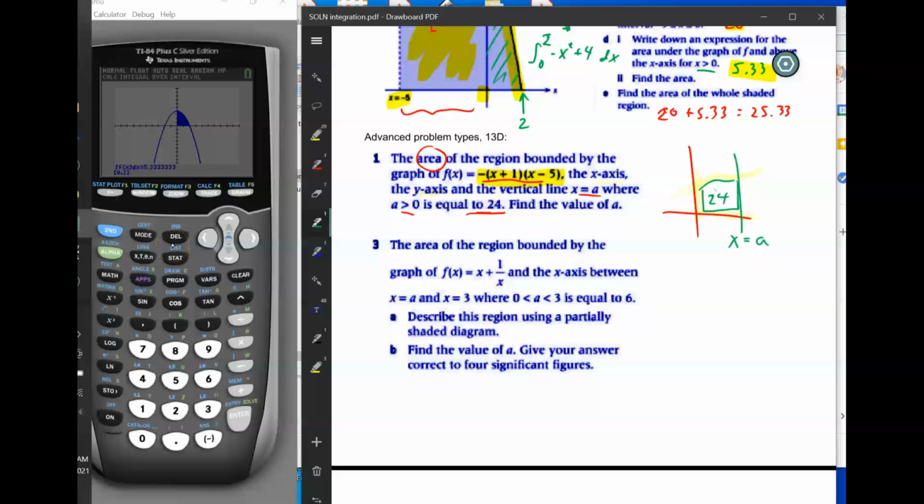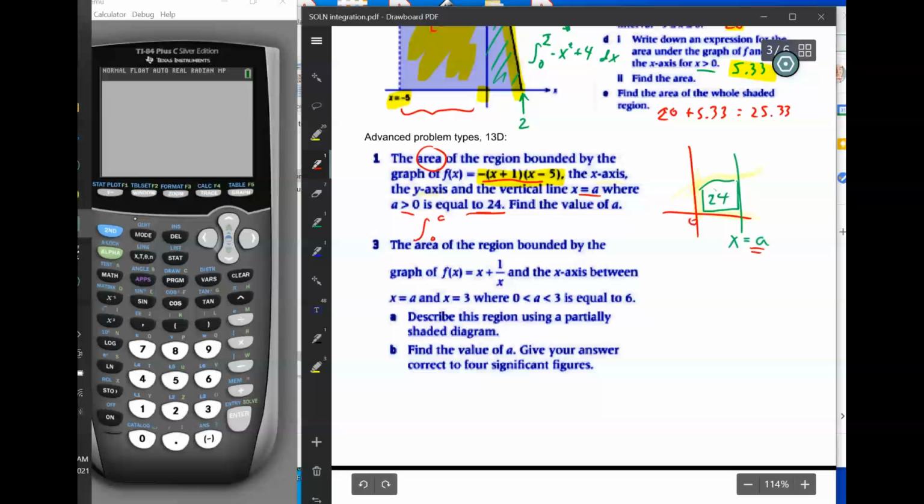So we're going to do it the easy way first. What I'm going to do is write this out as an integral. The integral is going to go from 0 to a, and a is an unknown number. And then in the middle, I'm going to have the function.